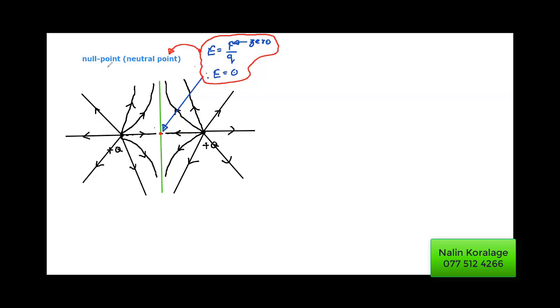So what do you mean by a null point or neutral point in an electric field? It is a point at which electric field intensity or electric field strength becomes 0. Got it? So, a point in an electric field at which electric field intensity or electric field strength becomes 0.